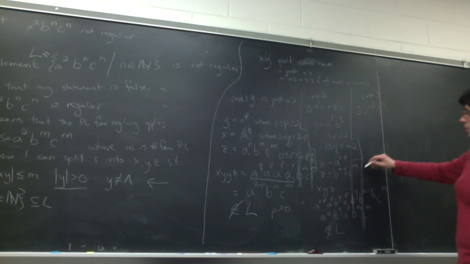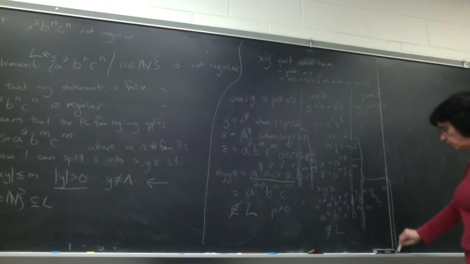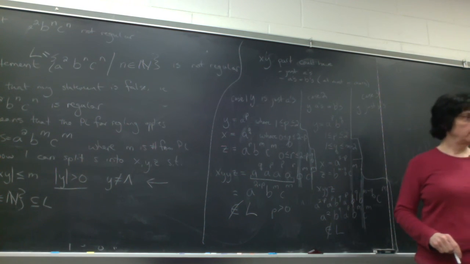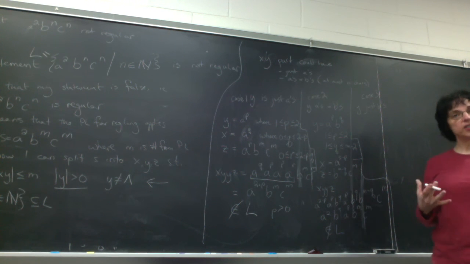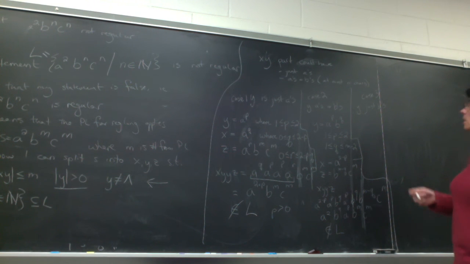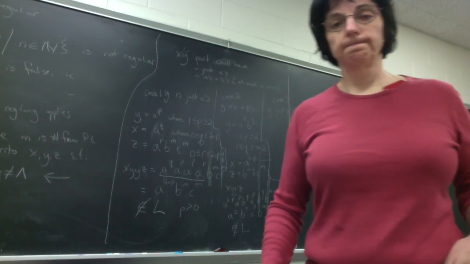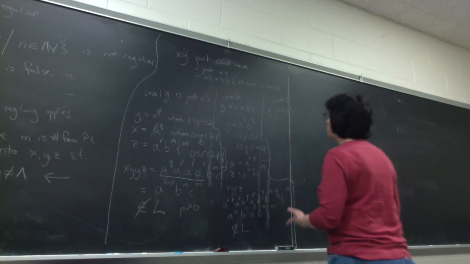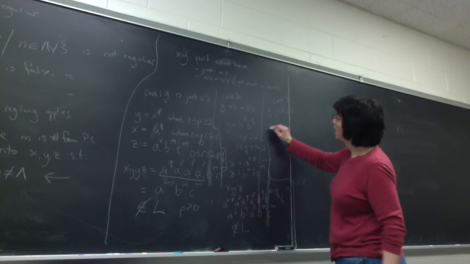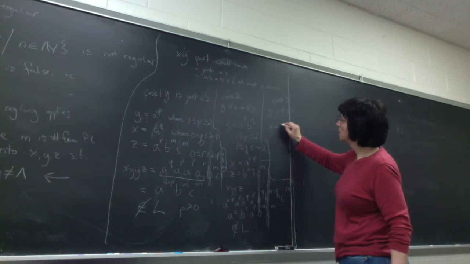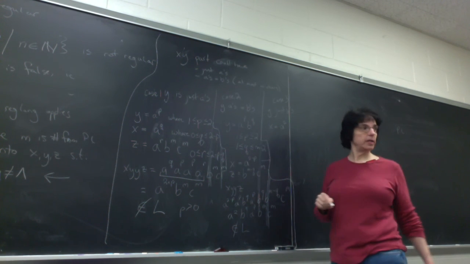And then we need to do the third case, which is what if y is just b's? Well, if y is just b's, then x is going to be all the a's, right?